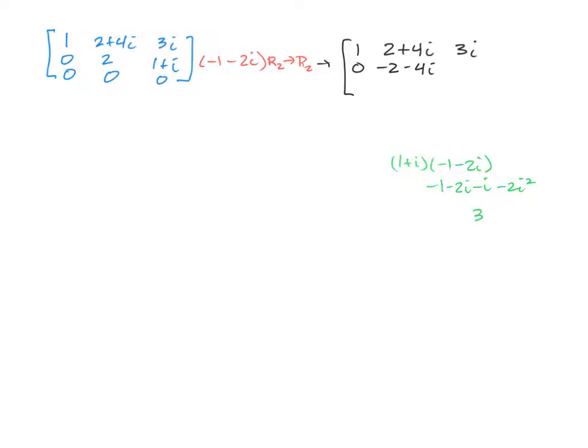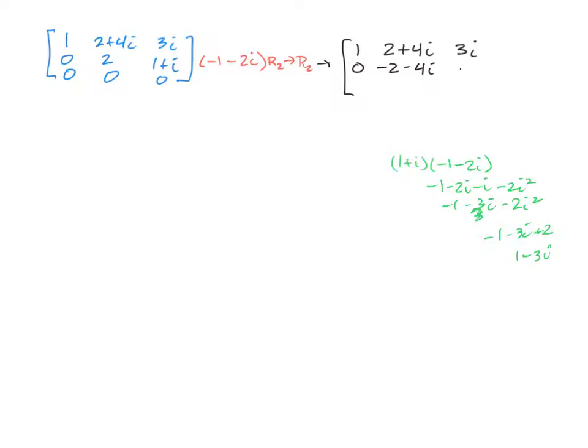Let's just do the work: -1 minus 3i minus 2i squared, so that's -1 minus 3i, plus 2, so that's 1 minus 3i. All right, so that's going to go in that spot.